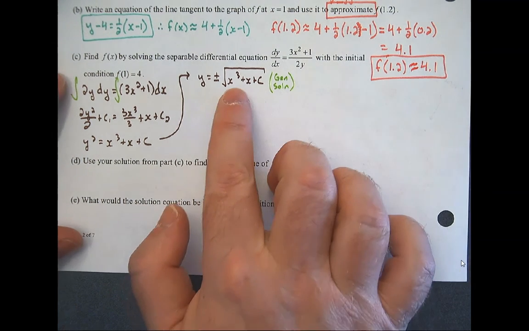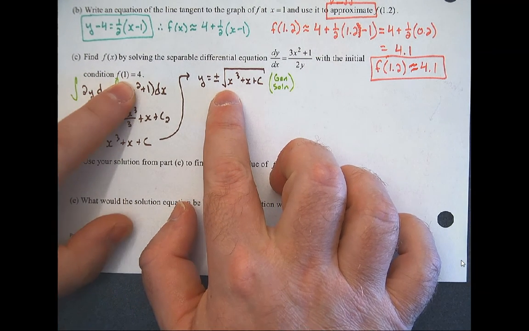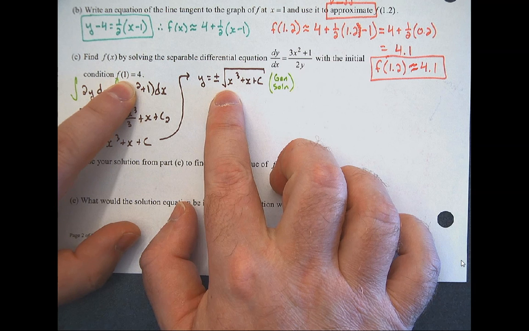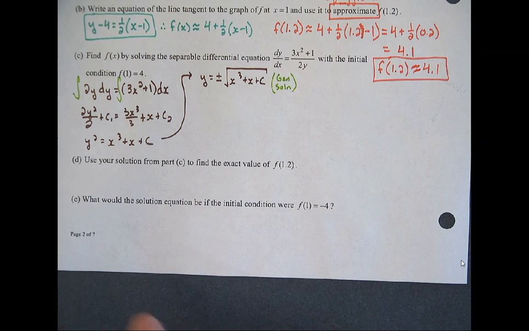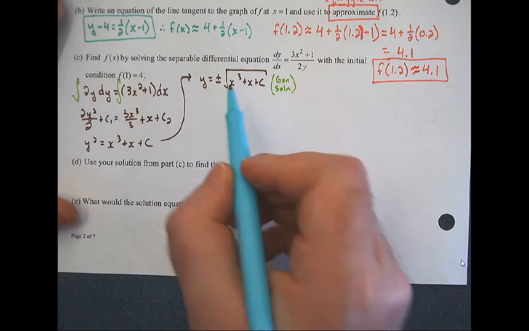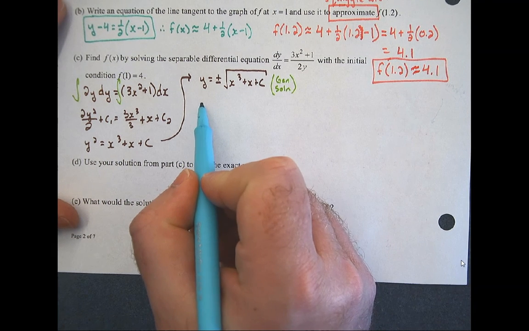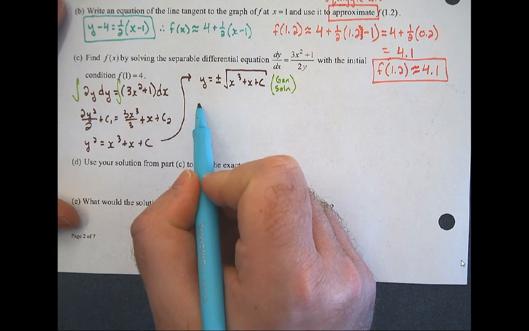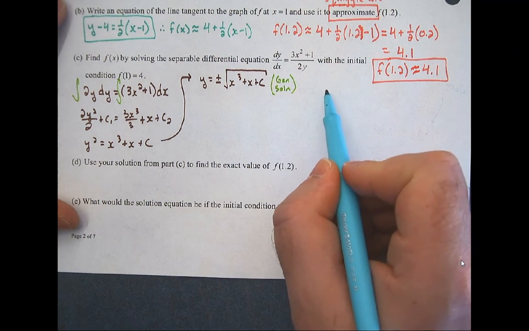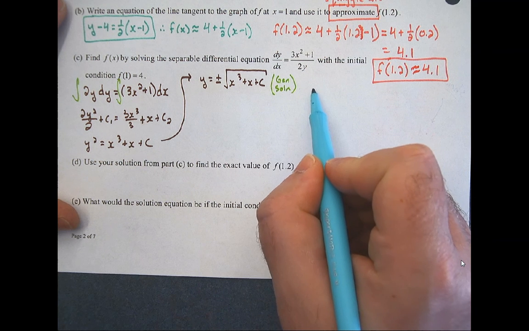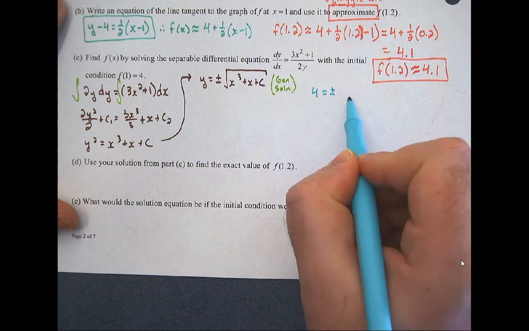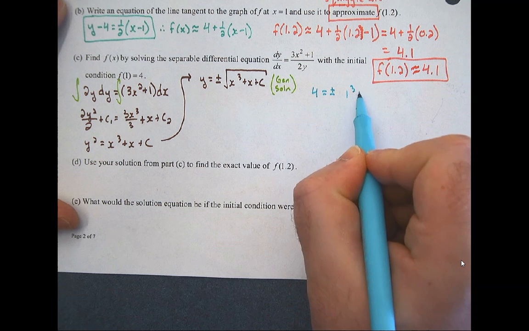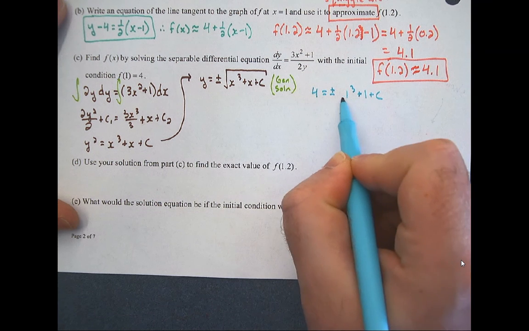So the particular solution is the situation where f of 1 equals 4. So I'm going to start plugging and chugging. Let's go with a nice blue here. So now I'm going to try to find the particular solution. I might be able to fit it over here. So 4 equals plus or minus the square root of 1 cubed plus 1 plus c.